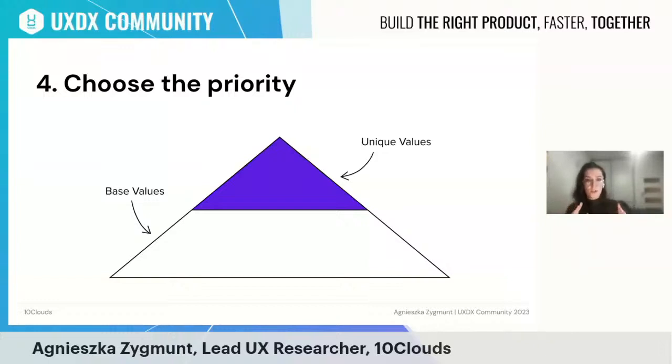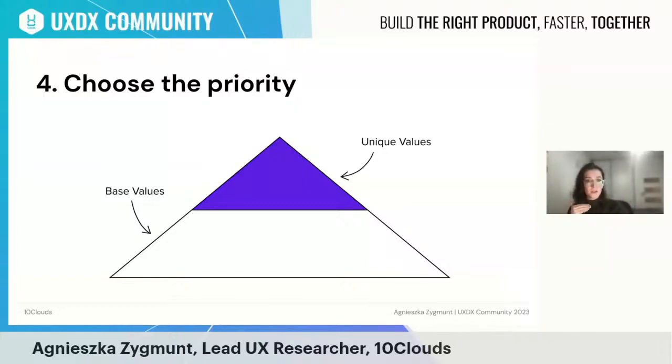So always be sure that you have the base values, and also be sure that you're adding something extra as a unique value, because having only the base, you are the same as competitors. Adding something from the unique values helps you to attract the user, to reach the user, and show them that it's worth using the solution.